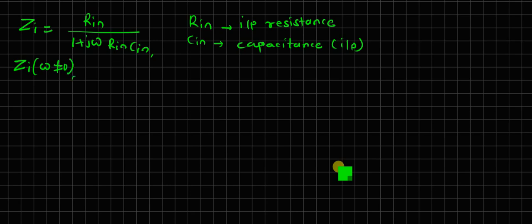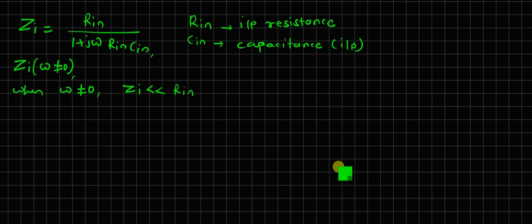Now when the input frequency is not equal to 0, what happens? Which one is greater? Zi is less than Rin, because Rin is divided by these factors. The frequency is in the denominator. If frequency increases, what happens? The Zi decreases.